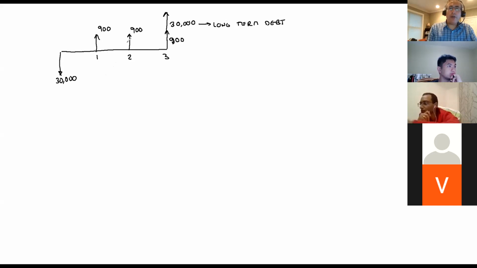Now, what about the coupons? Well, the first coupon, the one that is going to be paid in a year, this one here, is going to be a short-term liability. Okay, we call it short-term interest.